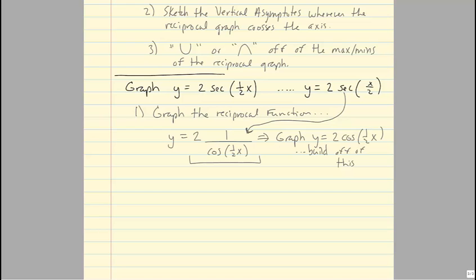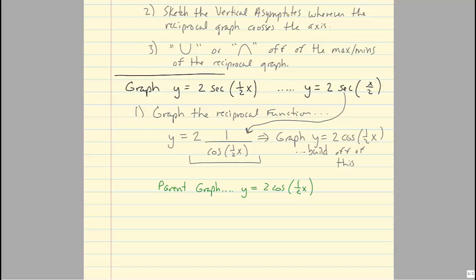So that's what we'll work on. Okay, so for that parent graph, again we have y equal 2 cosine of 1/2 x.